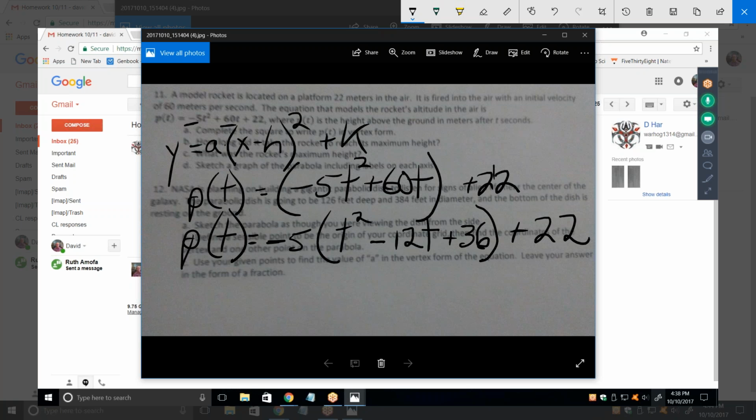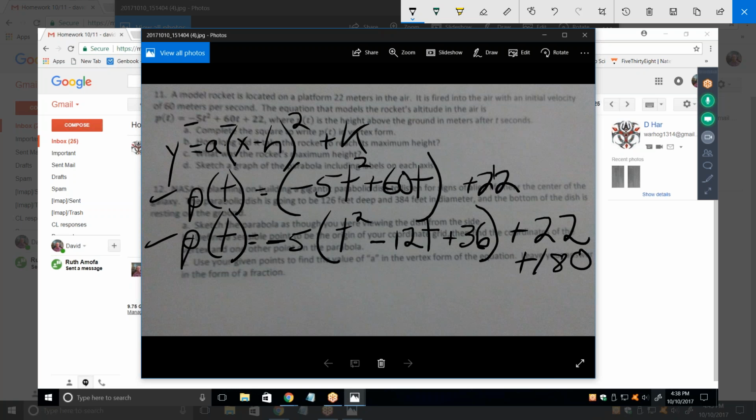I subtracted 180. In order to balance it out, I have to add 180. Now, this equation is identical to that equation. If I unwrap it, I get the same thing. That is once again the key to these things.